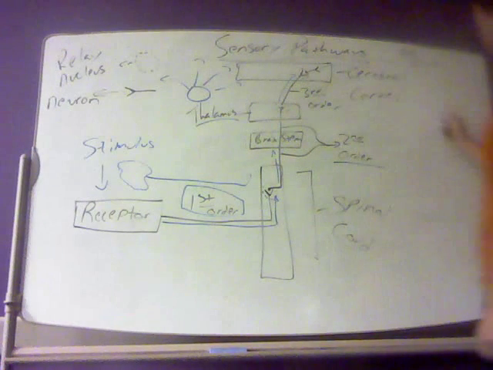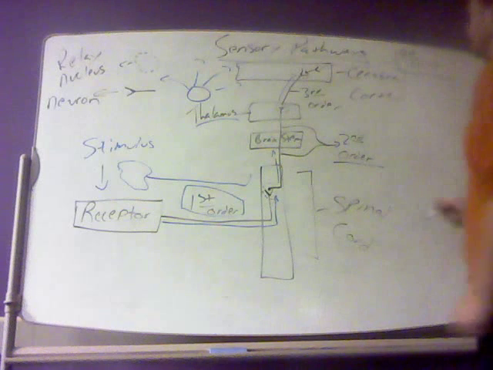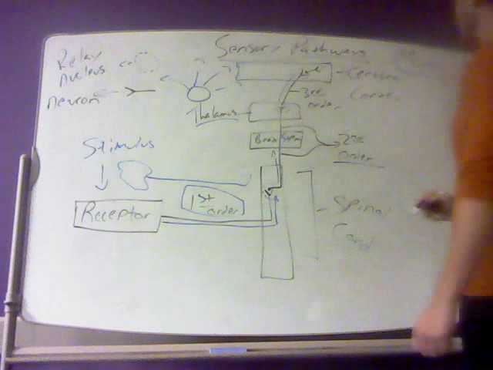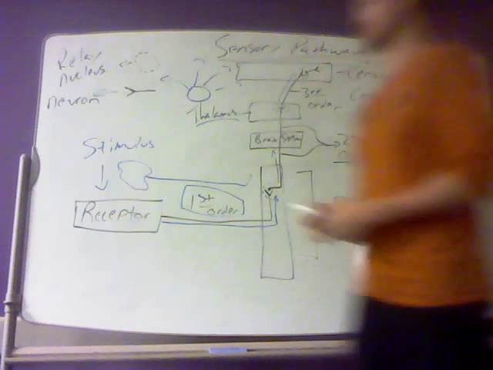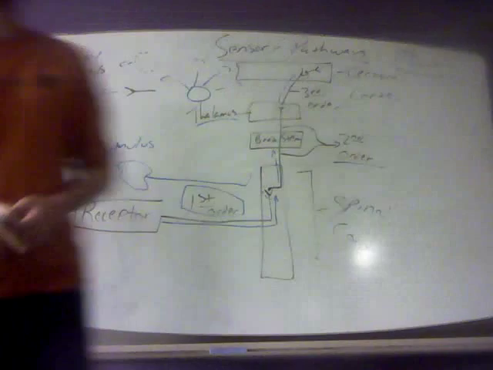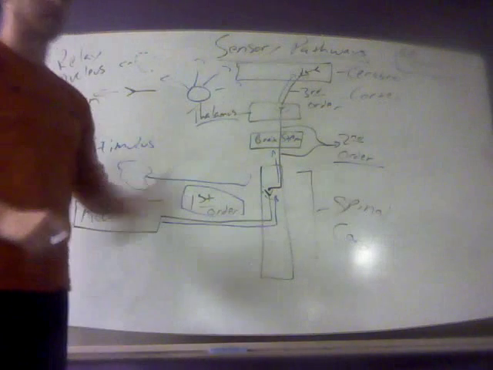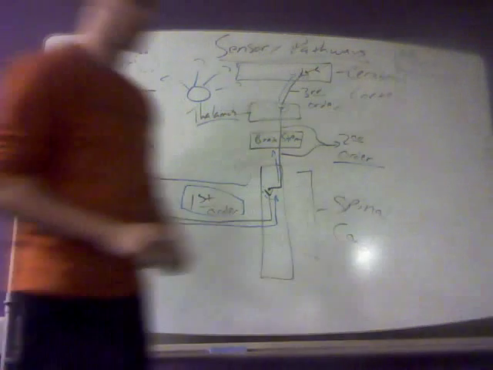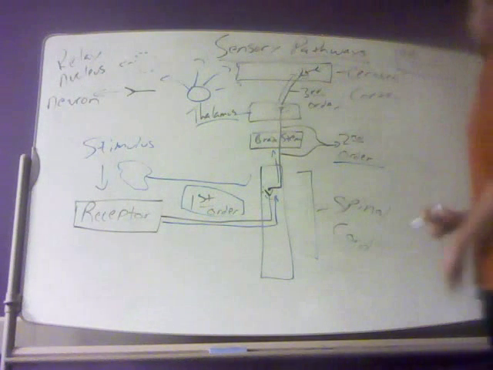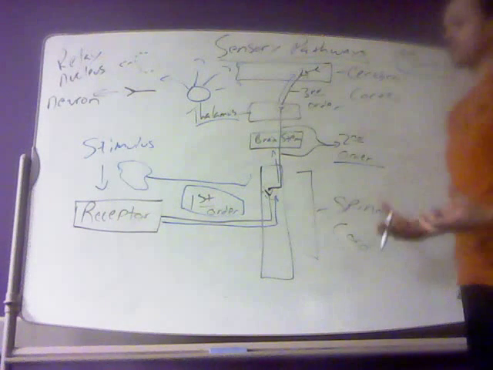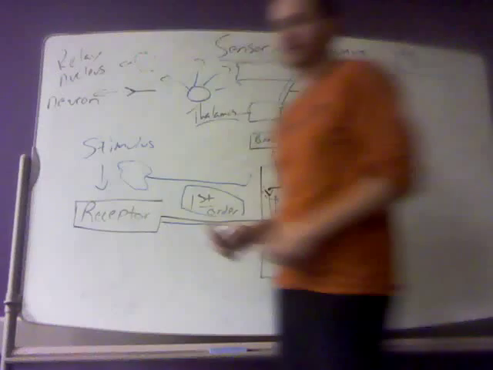Okay? And then this is where the difference comes in with the way some people explain this, is the fourth order neurons. Not neuron, but neurons. Because when you look at the layout of the cerebral cortex, and I'm actually going to do a video later in the week about that, the cerebral cortex is composed of many, many interneurons.